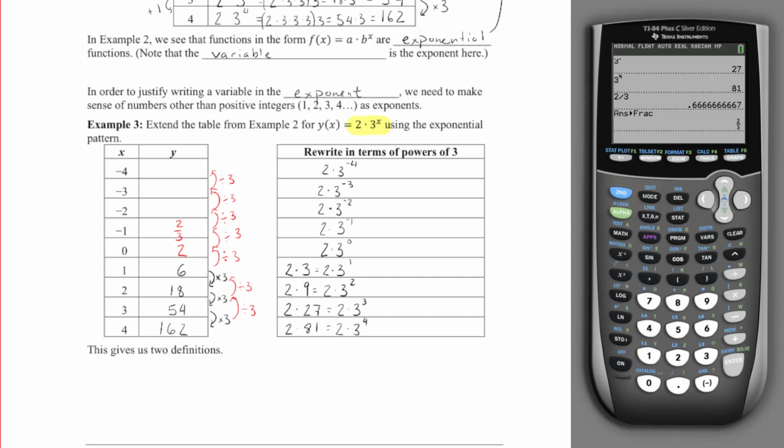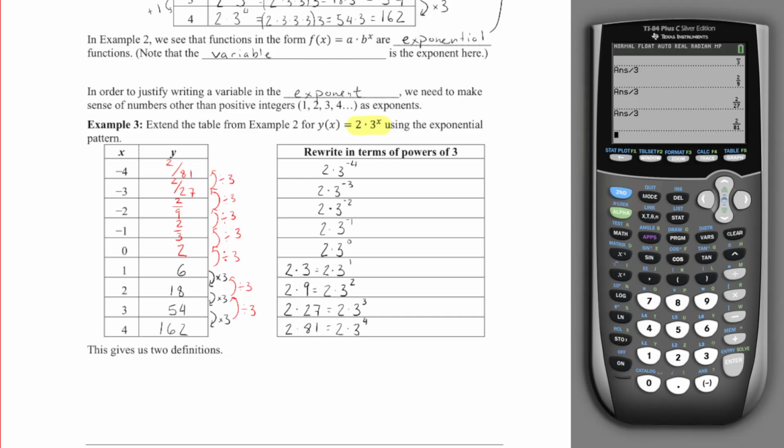And then divided by 3 again is 2/9. Divide by 3 again, we get 2/27. And divide by 3 one more time, and we get 2/81.